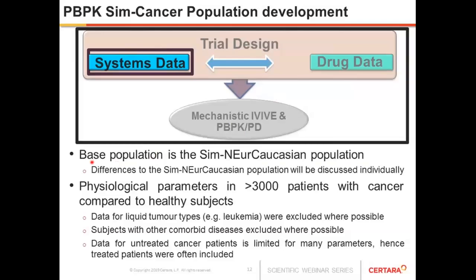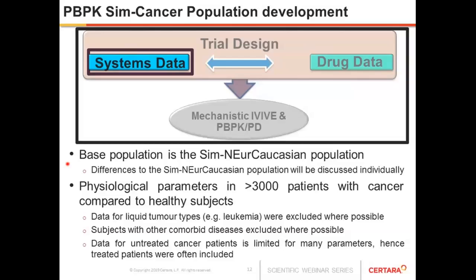In terms of the development of that cancer population, we started with the North European Caucasian population as a baseline, essentially because the majority of data that we had was from Caucasian cancer patients. But essentially what we looked for were differences in physiology seen between healthy individuals and cancer patients, and in the next few slides, I'll discuss some of those.